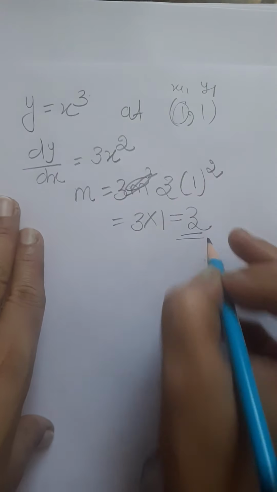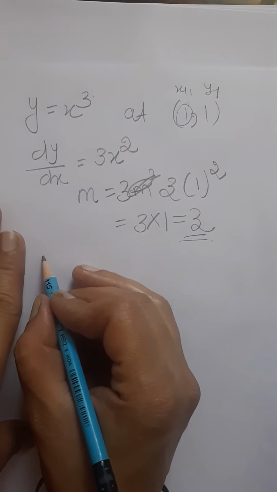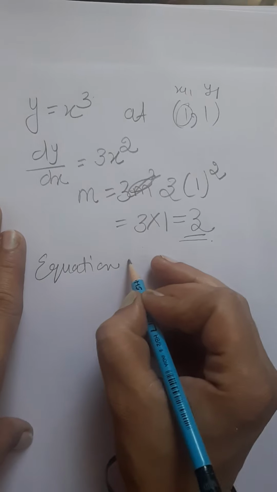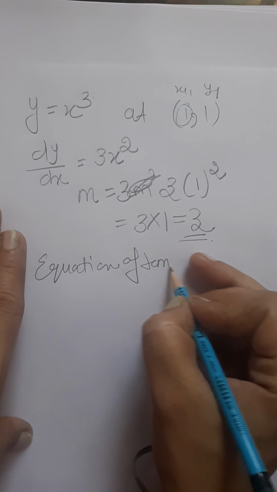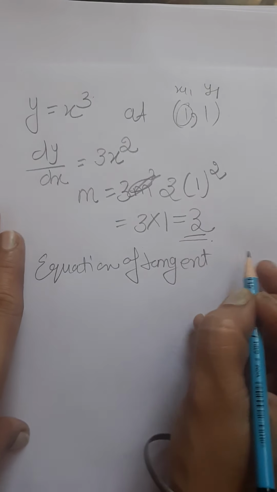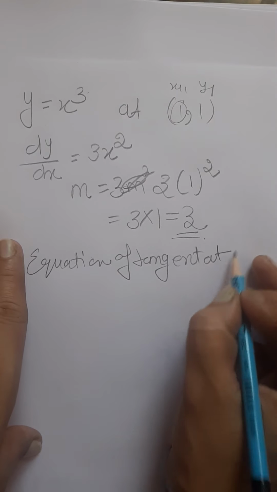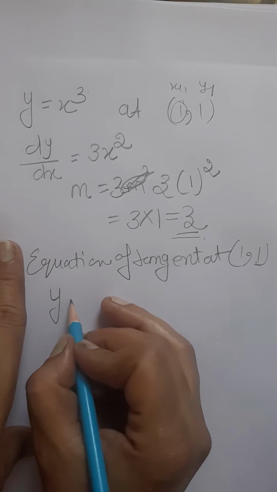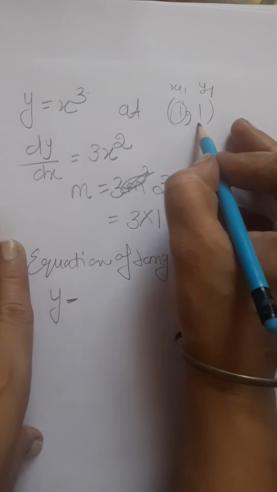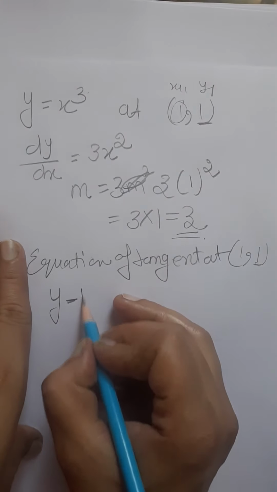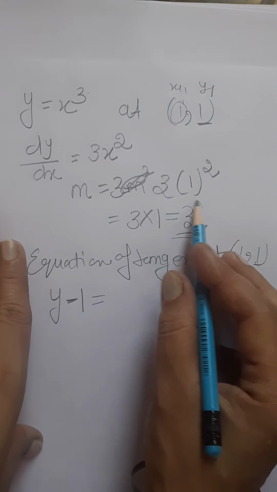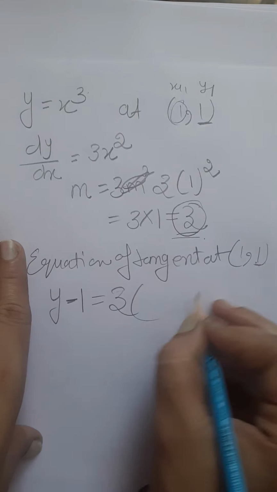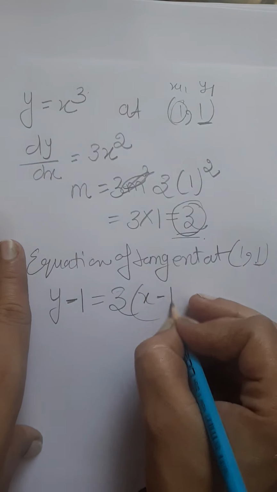This is our slope, and now we apply the formula. The equation of the tangent at (1, 1) is y minus y1, where y1 is 1 here, and the slope is 3, and x minus x1.